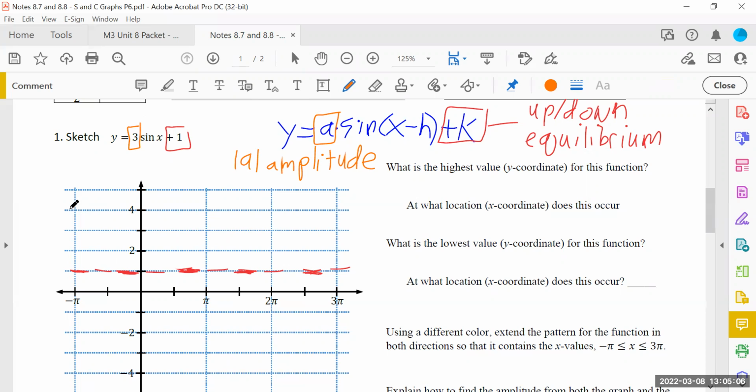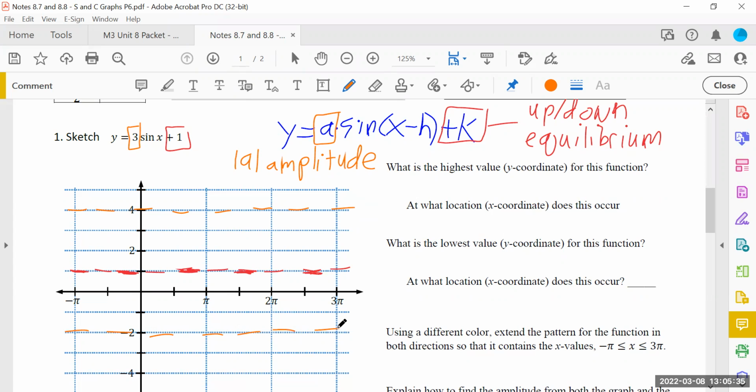So 1, 2, 3 above. Our graph will not go above this line. And then same thing, it will not go below. Here's our equilibrium, 1, 2, 3 below. Our graph will not go below this line. Does that make sense to everybody? Our whole graph is going to be in between those two.